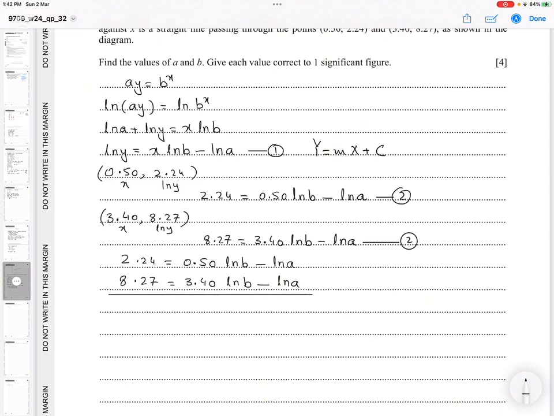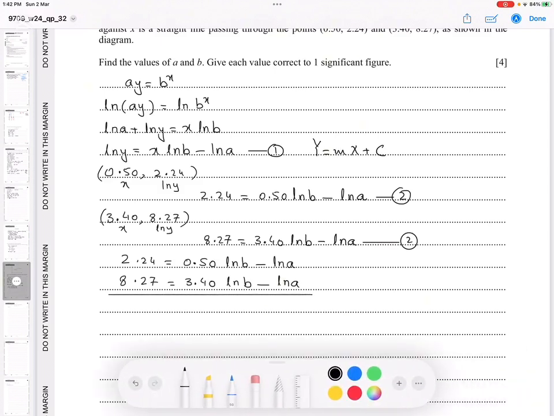Now solve them simultaneously. You have to reverse the sign. So minus ln a plus ln a will cancel each other out.